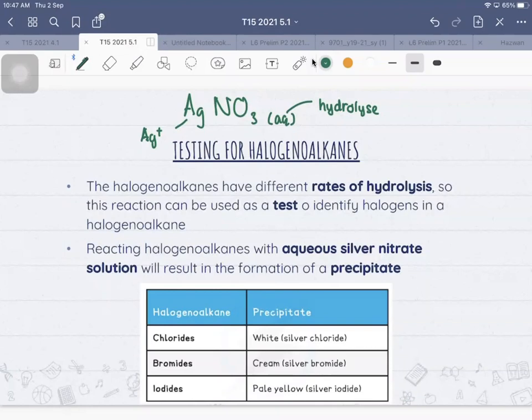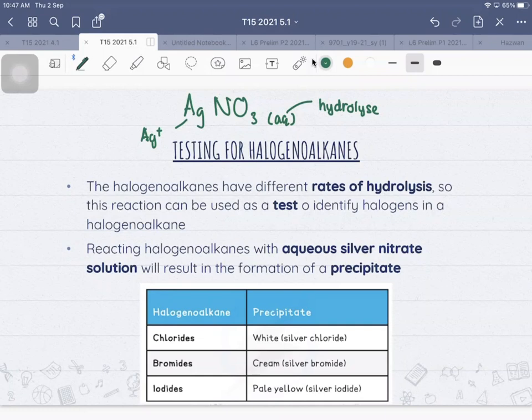And then in terms of color, if it's a white precipitate, that means it's silver chloride. Chloride must be present in this reaction. If it's a cream precipitate, that means it's a silver bromide precipitate. Bromide must have been present in this reaction mixture.